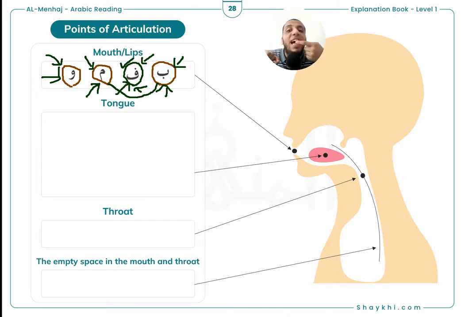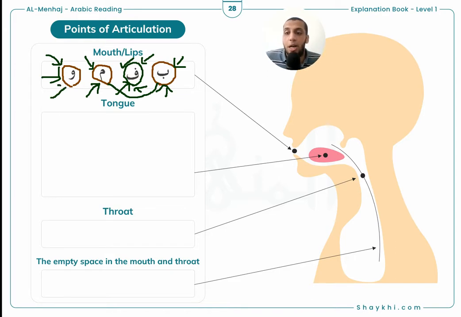The second and third are ba and mim, both pronounced by closing and pressing the two lips together, but the difference is that ba depends only on the mouth or the lips, while mim also depends on the nose.